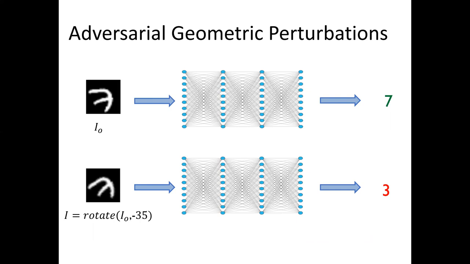In practice, when you do rotations, the adversarial images that lead to a misclassification can be achieved with much smaller values for the rotation angle, just a few degrees to the left or to the right. They really look like a 7, but get misclassified as some other digit.